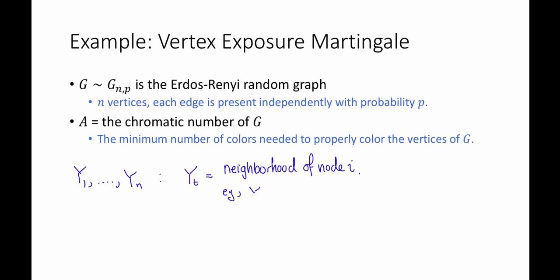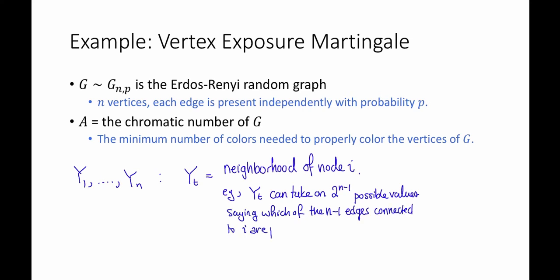That is, y sub t can take on 2 to the n minus 1 possible values, which say which of the n minus 1 edges connected to t are present. And as before, we can define z sub t to be the expected value of A conditioned on y1, y2, ... up to y sub t.